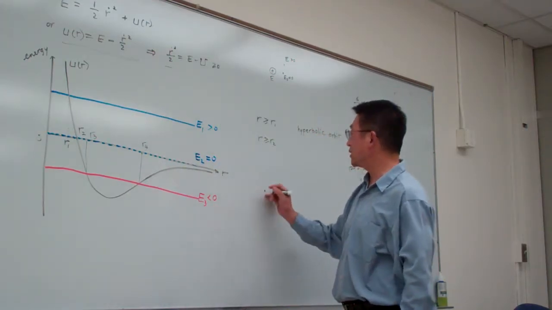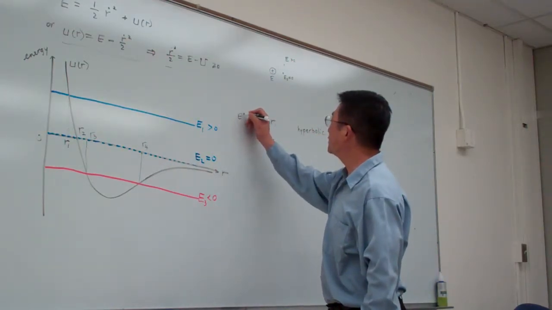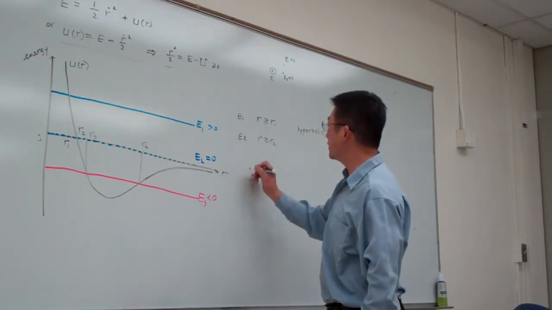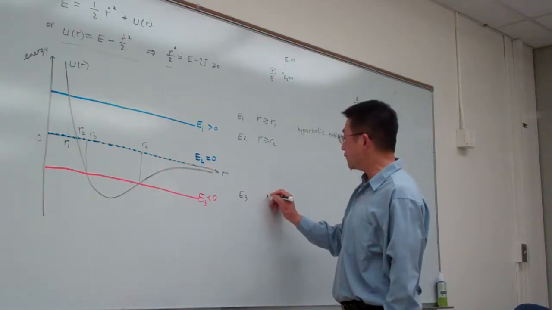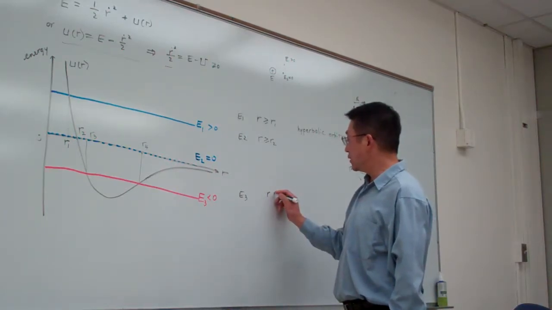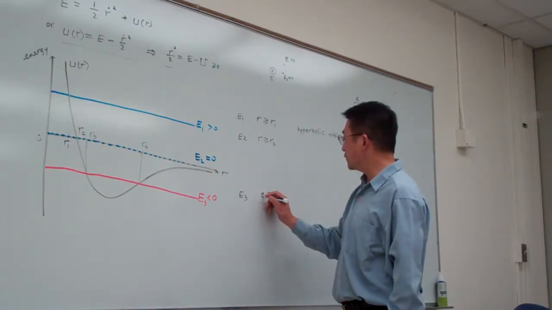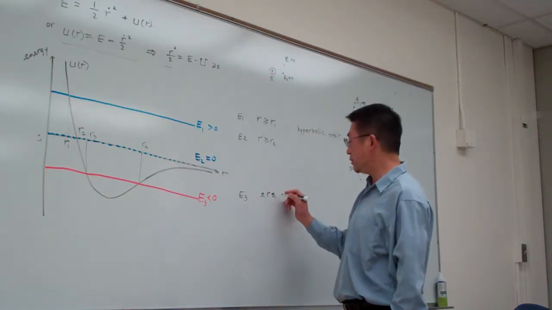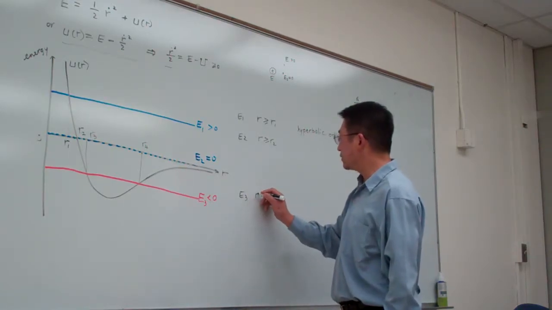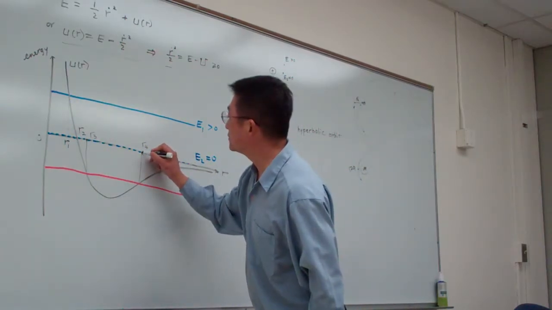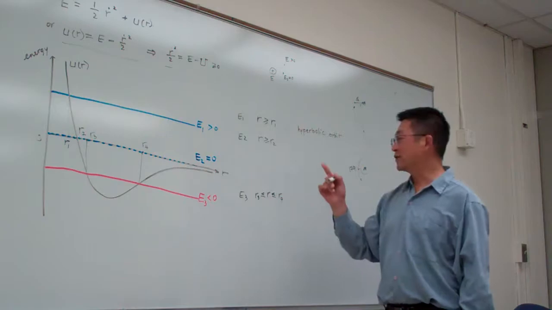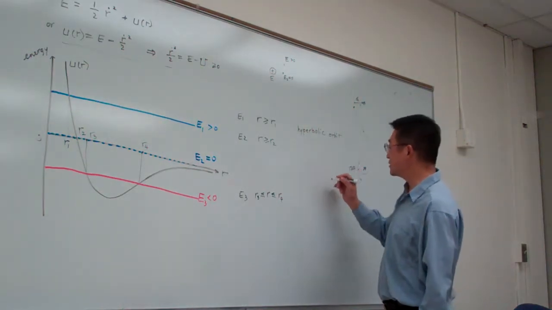Okay, so for this case, this is E1, this is E2, and this is E3. Then the feasible region is the positions of the satellites in between R4 and R3 based upon those symbols here.